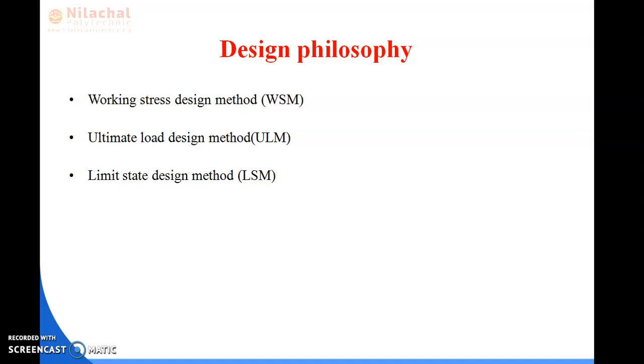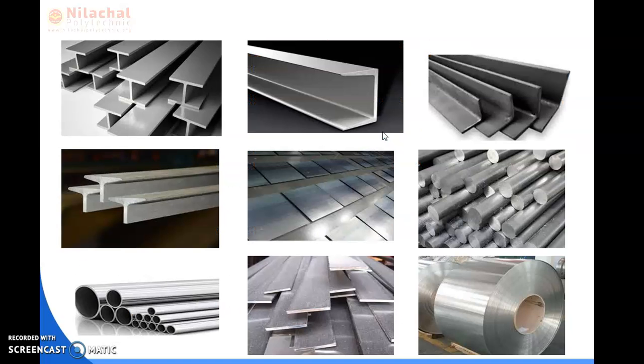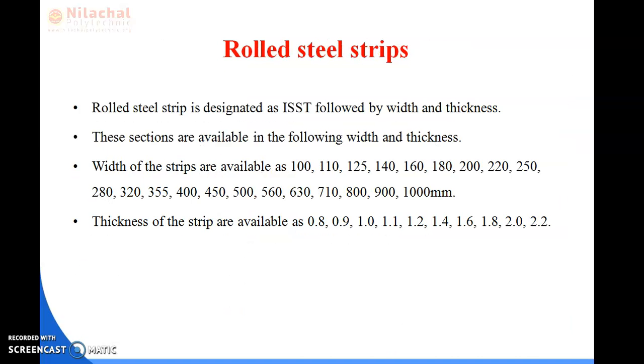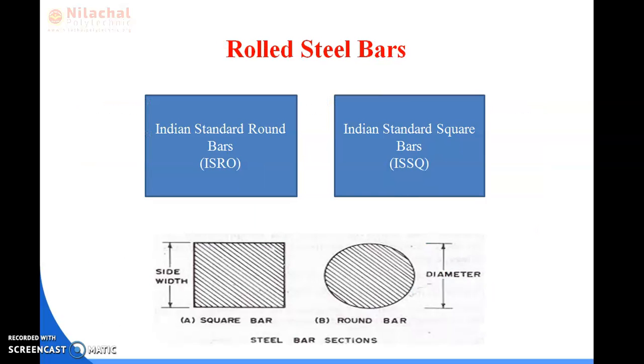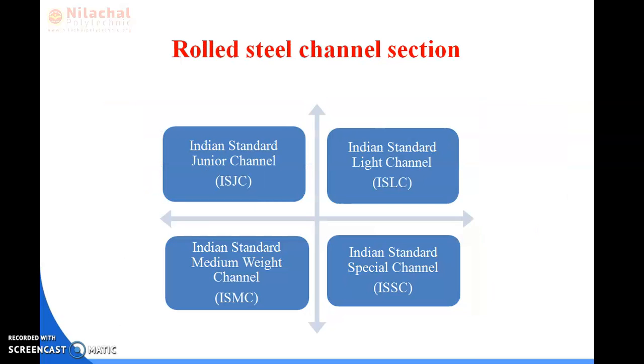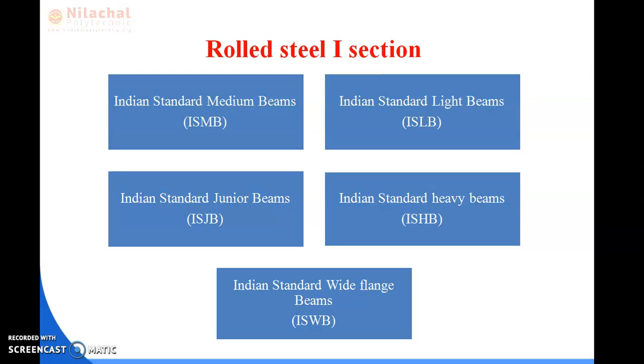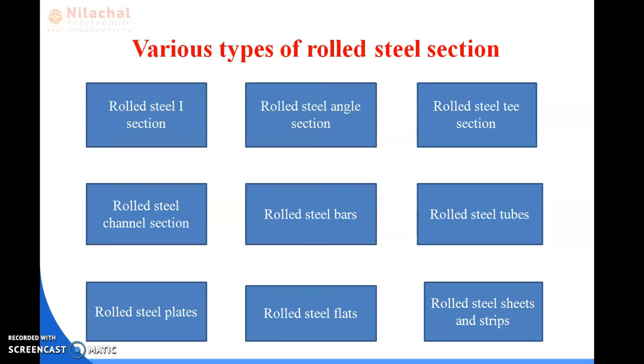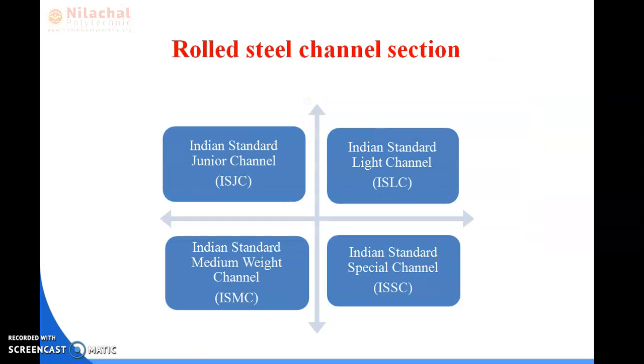So in the previous class we studied various kinds of rolled steel sections like angle sections, I sections, channel sections, rolled steel bars, flat sections, plate sections, and sheets and strip sections.